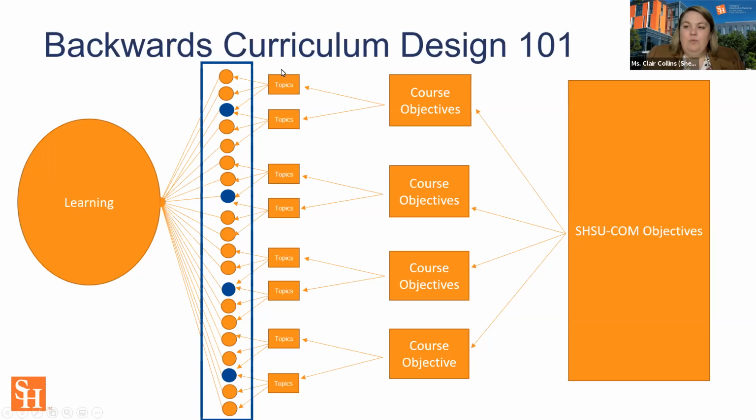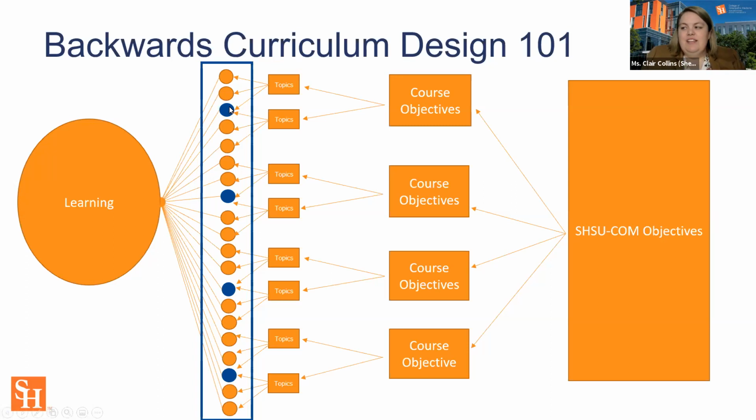The reason that we do backwards curriculum design is there are many, many people who are delivering this curriculum, right? It's not just you as one person in a clinical rotation. We have faculty members in years 1 and 2. We have course directors. We have other medical electives and selectives that our students will be taking. And if we started from the left, we'd have a lot of overlap.